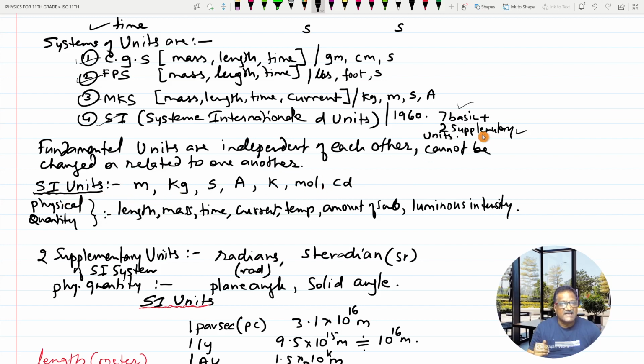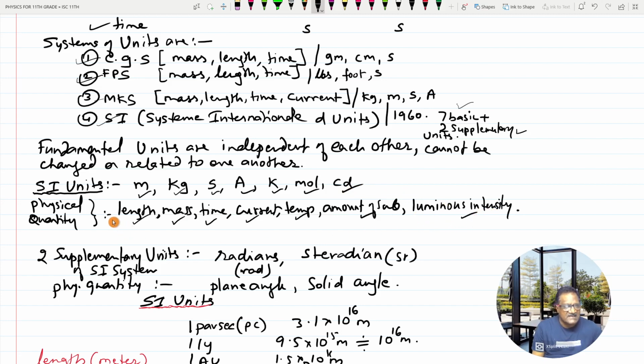As I told you, there are 7 basic units. The 7 basic units are meter for measuring length, kilogram for measuring mass, second for measuring time, ampere for measuring current, Kelvin for measuring temperature, mole for measuring amount of substance, and candela, written as cd, is the unit for luminous intensity.